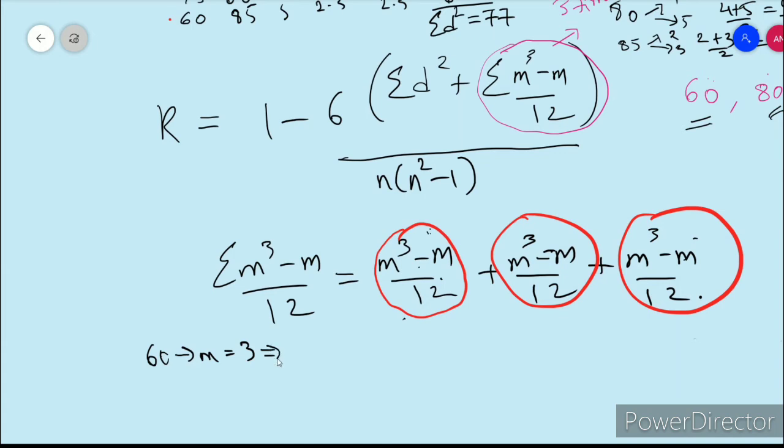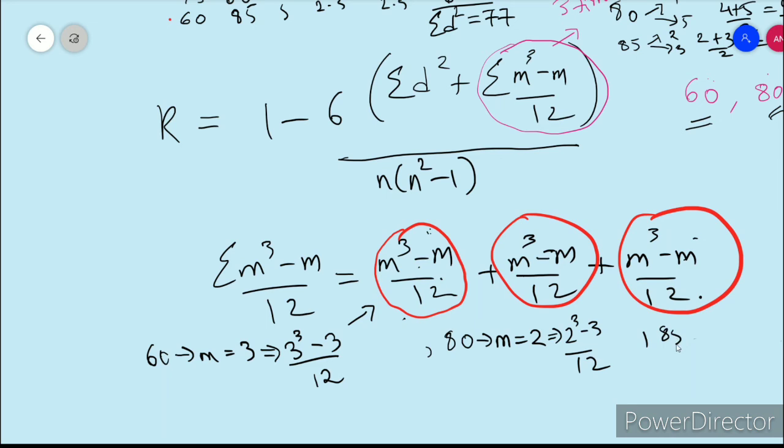So this implies we get 3 to the power 3 minus 3 divided by 12. So this will represent this part. The next part is 80, and 80 was repeated twice. So here m will be equal to 2. So this implies this, and next value is 85, which was repeated twice. So here m is equal to 2.